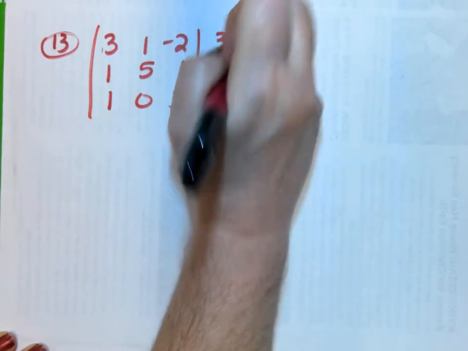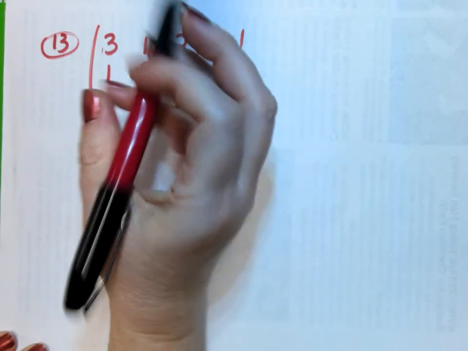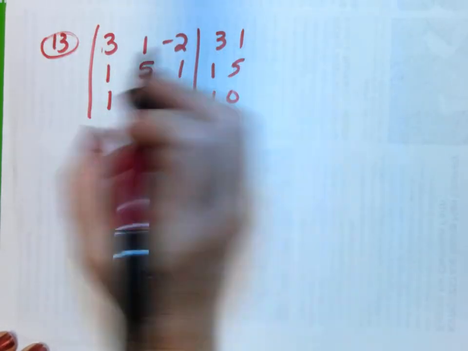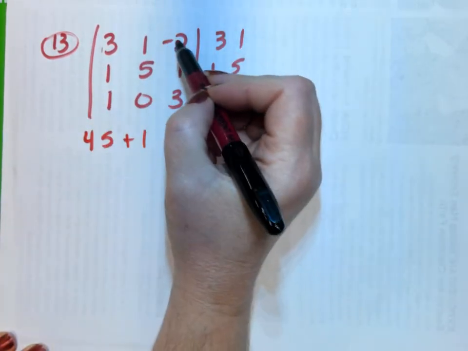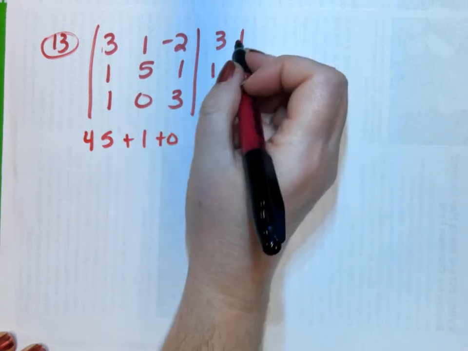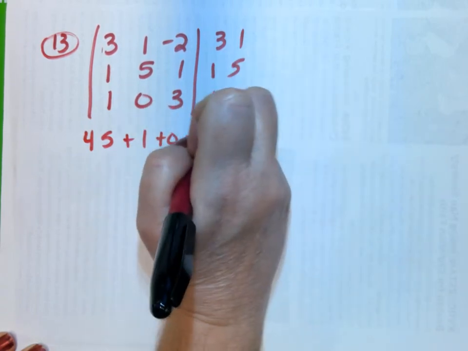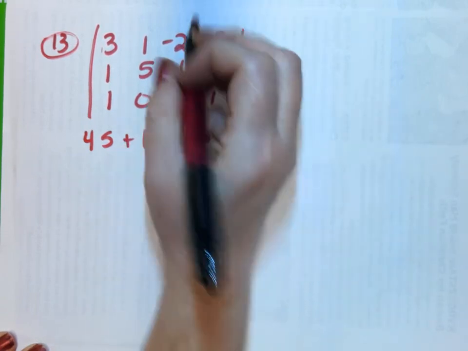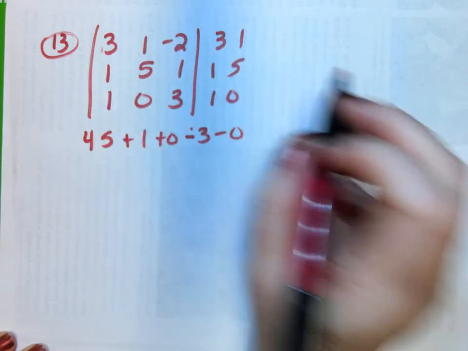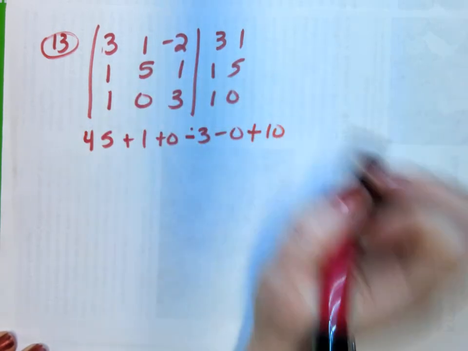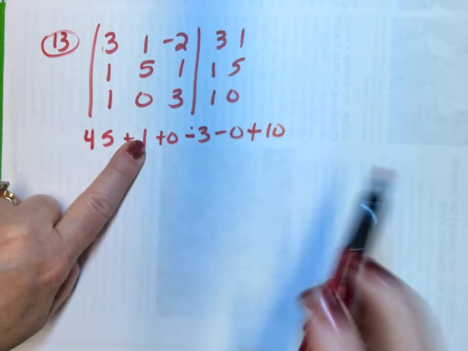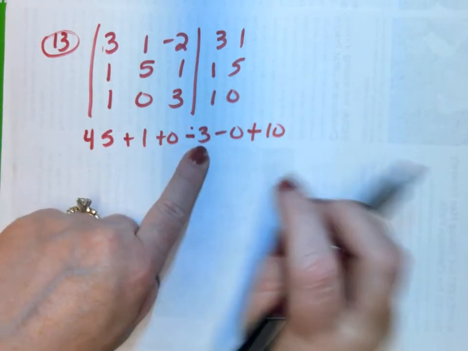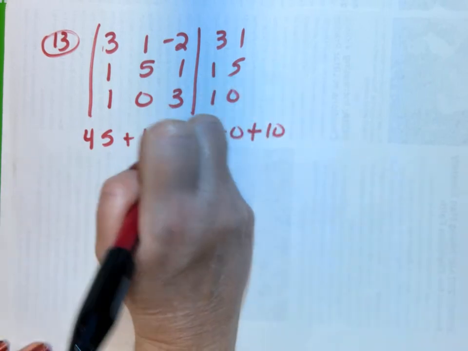Recopy. 3, 1, 1, 5, 1, 0, and multiply. 3 times 5 times 3 is 45. 1 times 1 times 1 is 1. 2 times 1 times 0 is 0. 1 times 1 times 3 is 3. That's a 0. 2 times 5 is 10, times 1, it's a minus, so it's a plus 10. So 45, 46, that takes it down to 43, so it's 53.